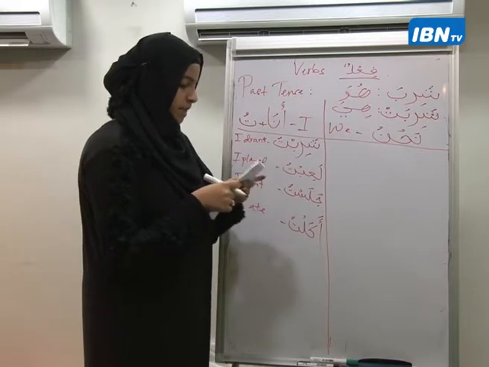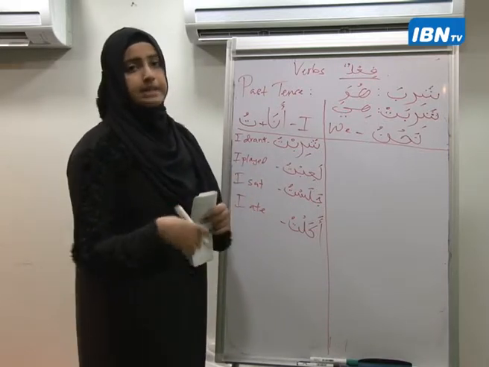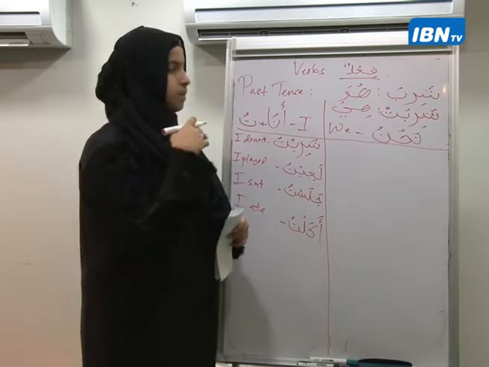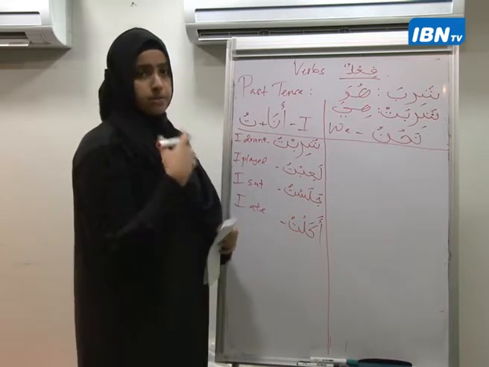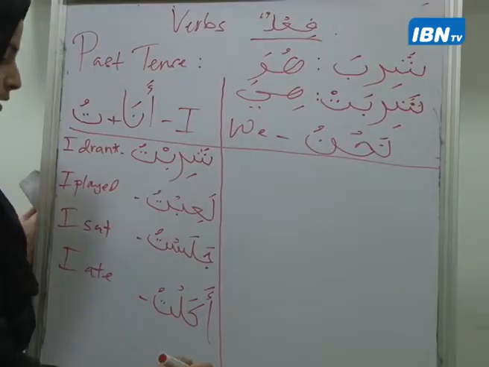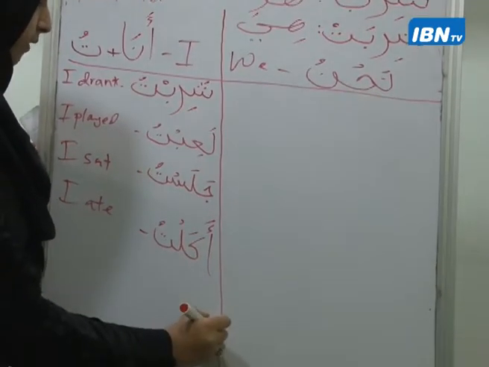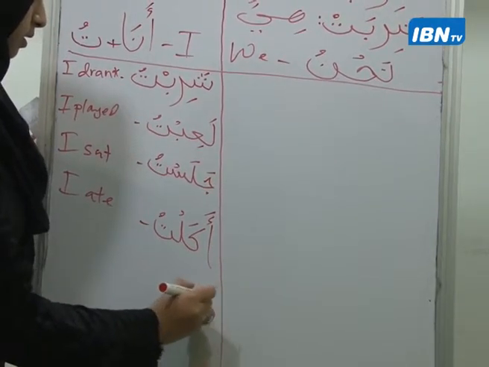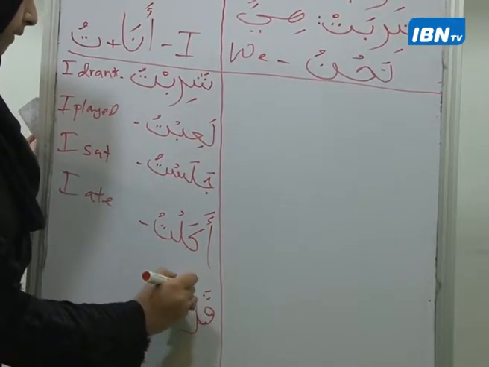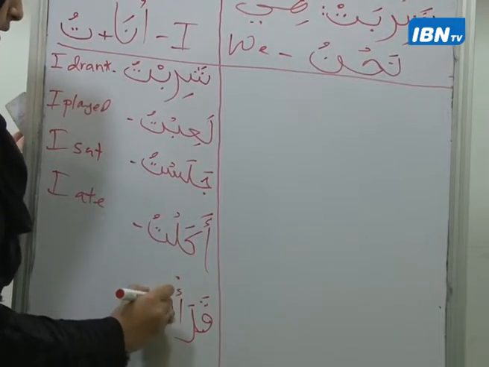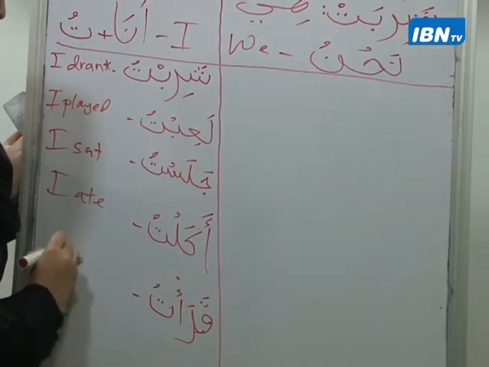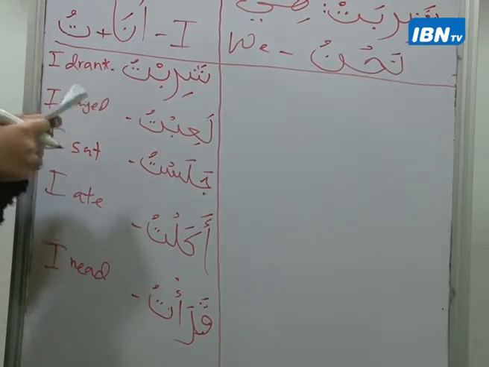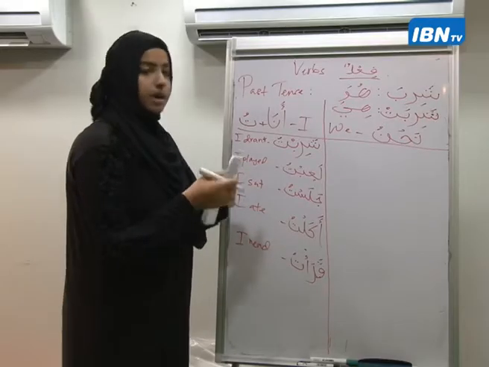Then we have qara'a. Qara'a means he read. Qara'a al-Quran, he read the Quran. So I want to say I read, it will become qara'tu. Qara'tul Quran, I read the Quran. Then I have qala.